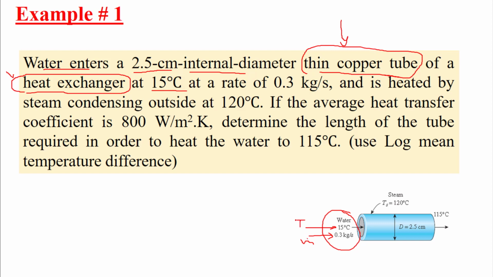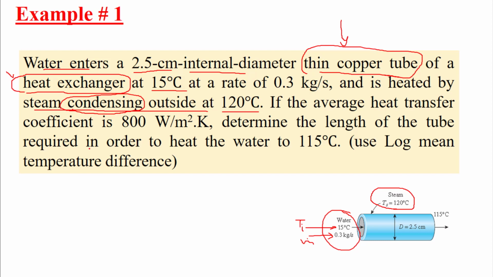And it is heated by steam condensing outside at 120 degrees Celsius. So here we have another phase, another substance which is condensing outside. Okay, so here we are talking about constant surface temperature, because we have phase change.